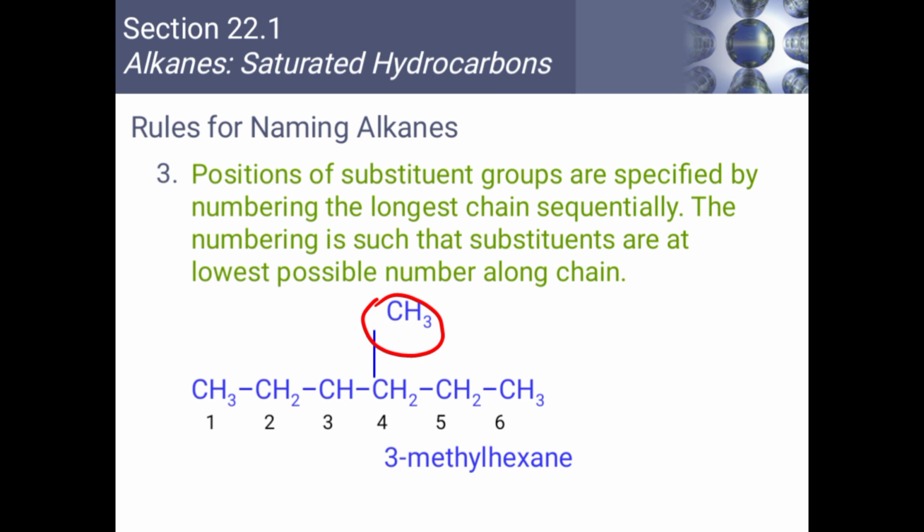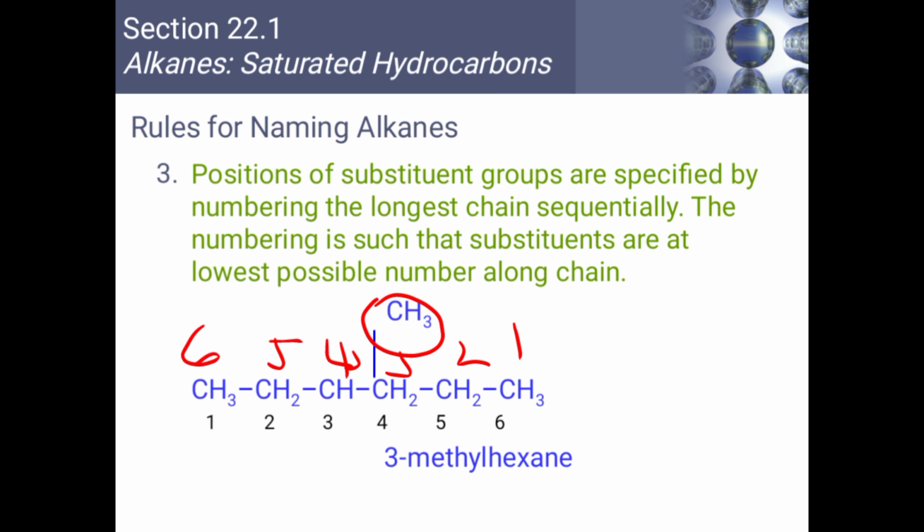We can number it in two different ways. We can start from here: here 1, and this one is 2, this one is 3, and this one is 4, this one is 5, and this one is 6.